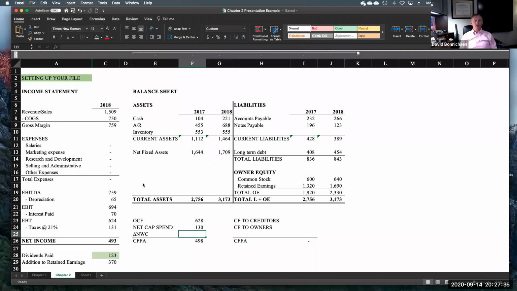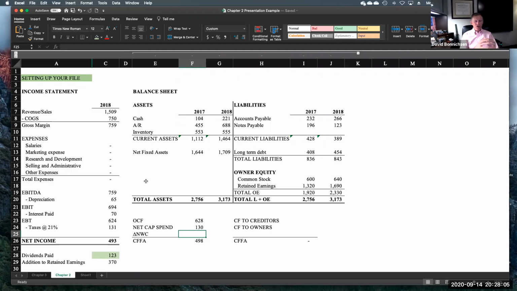And then we have to look at the change in net working capital. I've taught this class for long enough that I can tell you, if you're going to make a mistake, this is where you're going to make the mistake. You just have to be methodical about it. Remember, net working capital is current assets minus current liabilities.